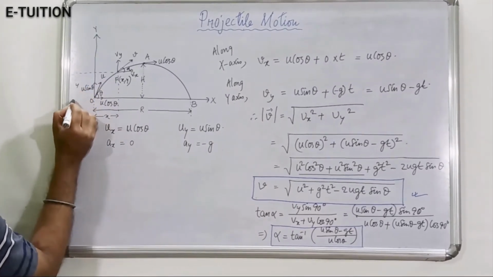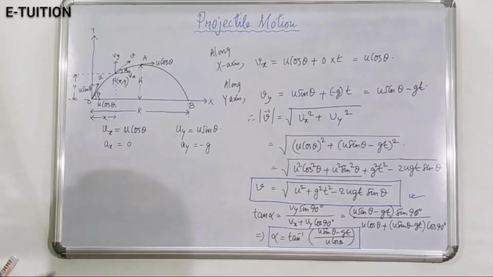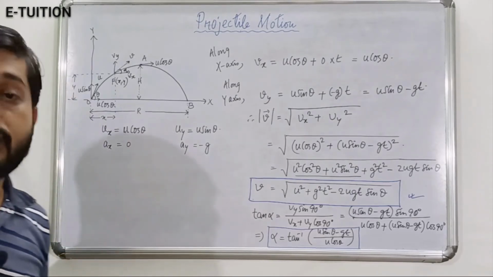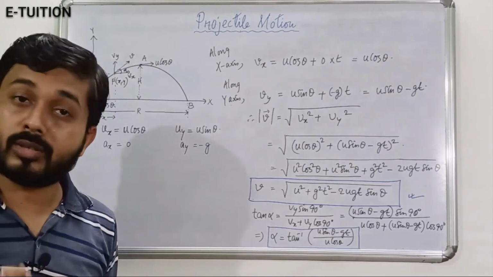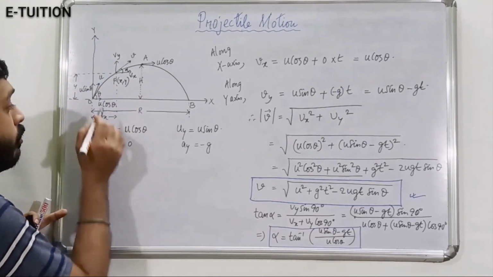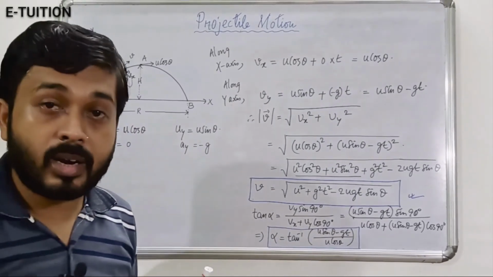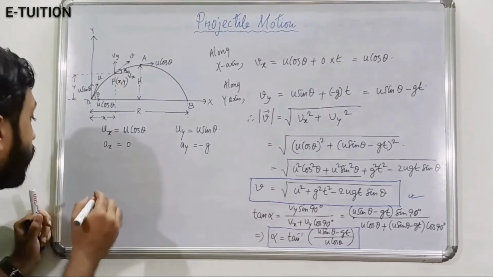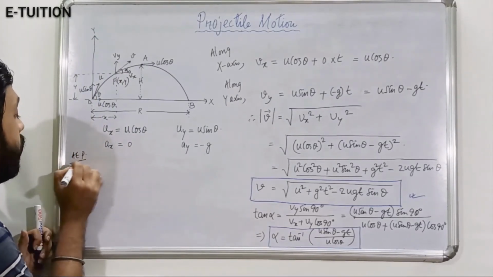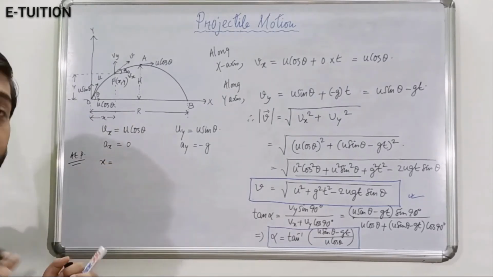This much is y. In order to find these values for x and y, we need to consider the horizontal and the vertical motions of the projectile respectively. Considering the horizontal motion, we can make use of the formula s equal to ut plus half at square in order to get the value for x. So at point P, x equal to ut plus half at square.